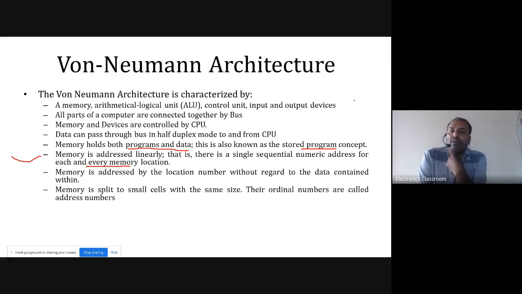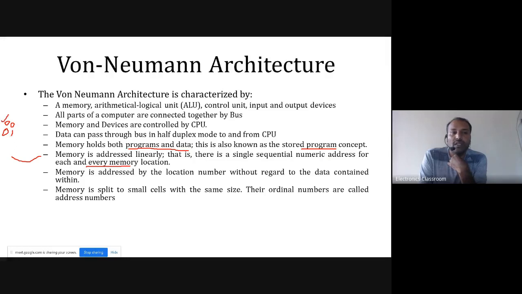For the first memory location we have a separate and single address, that is 00. For the second memory location we have address 01.